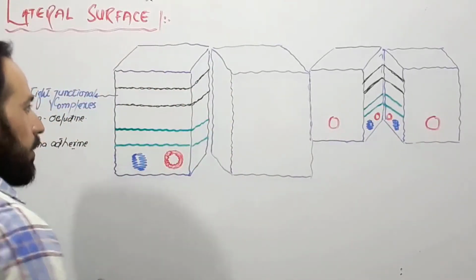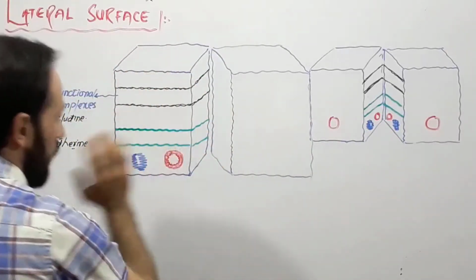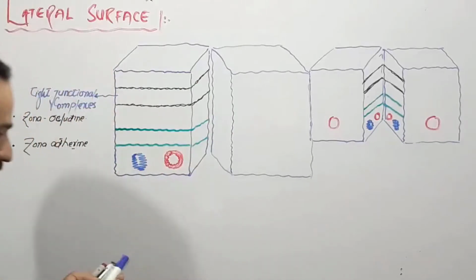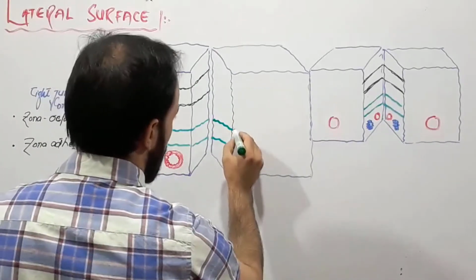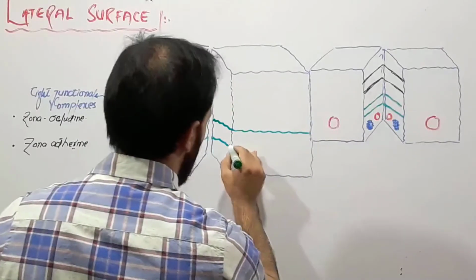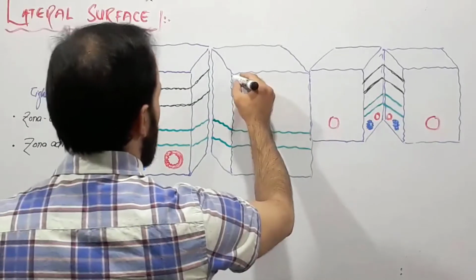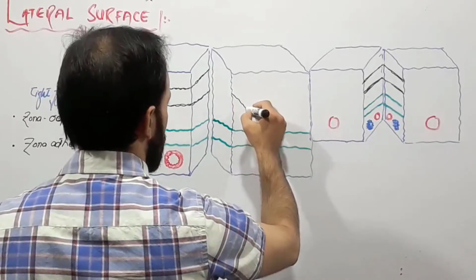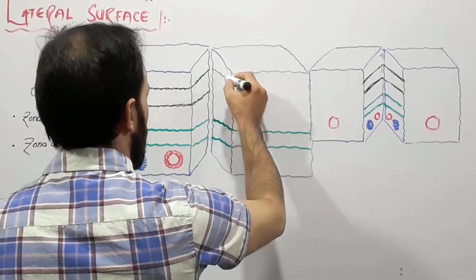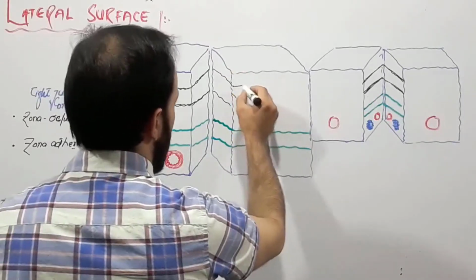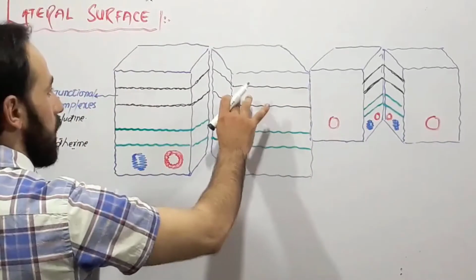I told you that I have opened that lateral side and brought it here, and we will see all the proteins which are present there. So it will be like this. What is this?